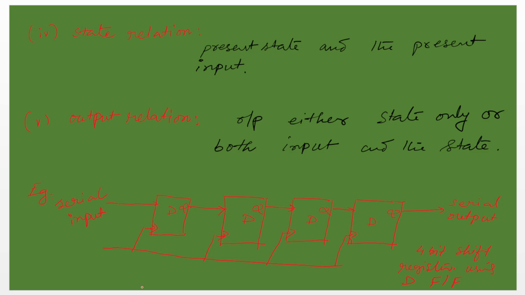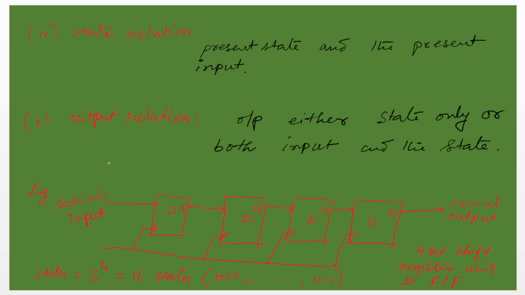Now, how many states will be possible in this shift register? It is a 4-bit, so the shift register has basically 2 to the power 4, that means 16 states, ranging from 0000 to 1111.